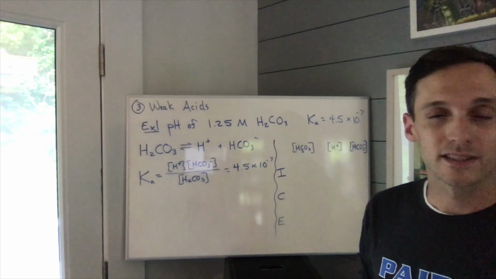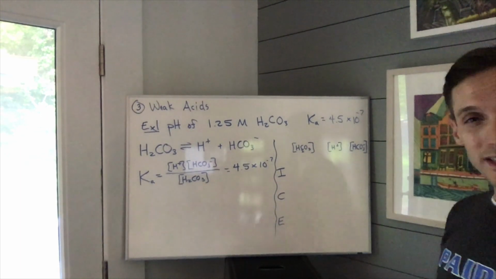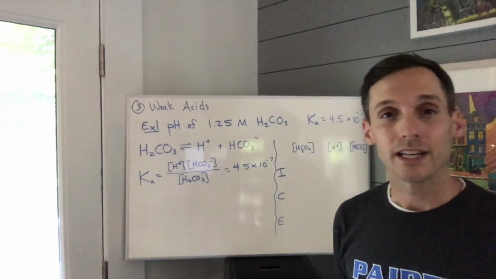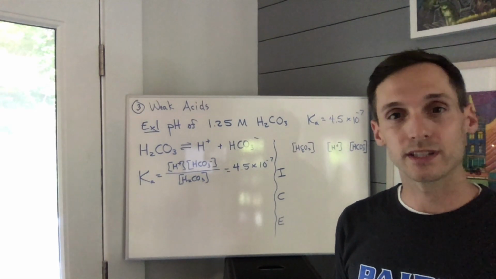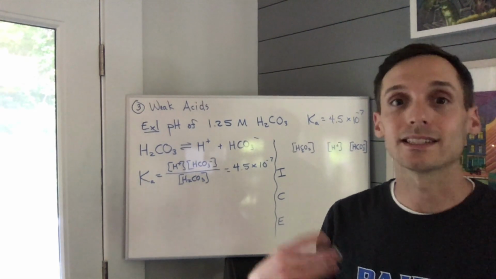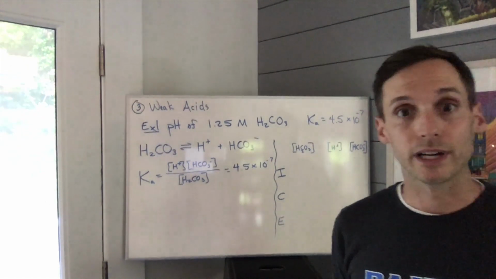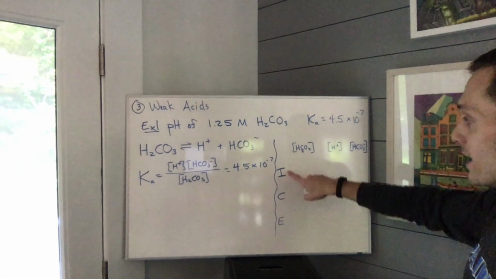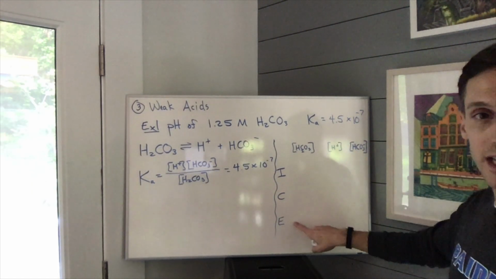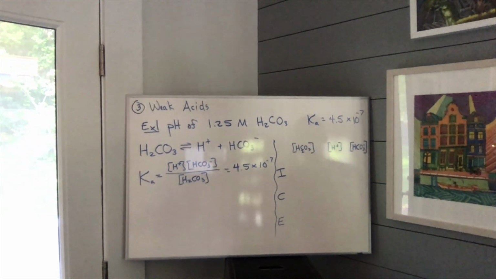So that's what we're going to consider the I row. Then the C is going to stand for the change. It's going to represent what has to change in order for this acid to get to equilibrium. And then the E stands for what the molarities would be at equilibrium. Okay, so ICE: initial, change, and equilibrium. I just don't have enough space to spell it all out, but that's what it stands for.